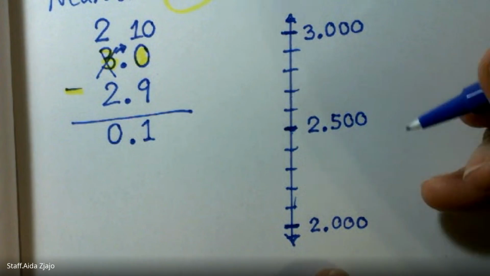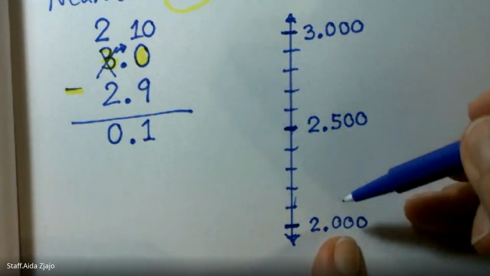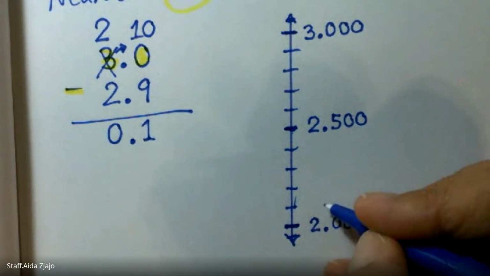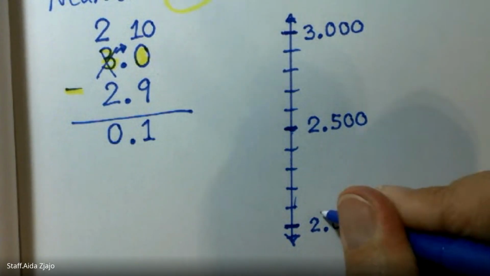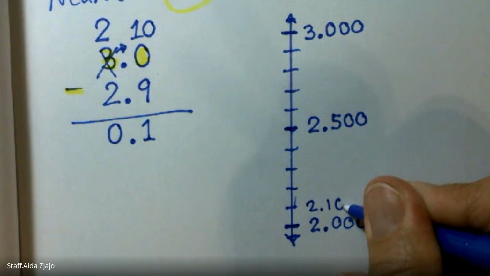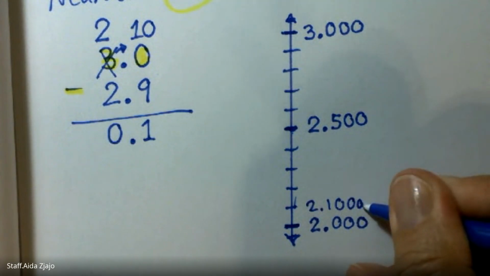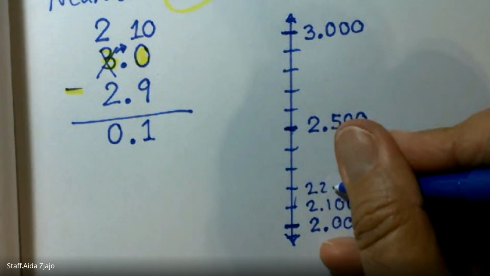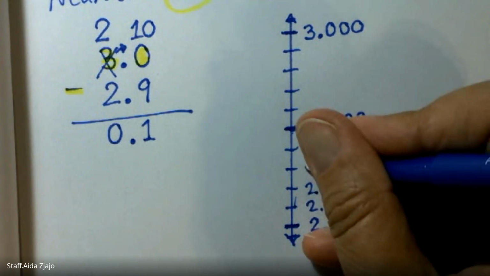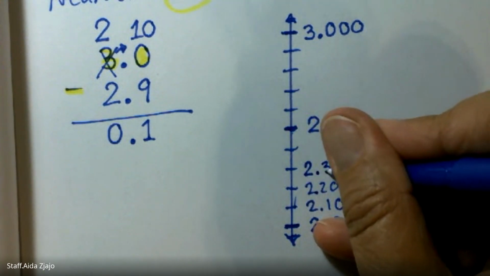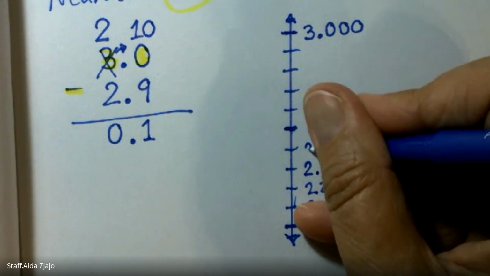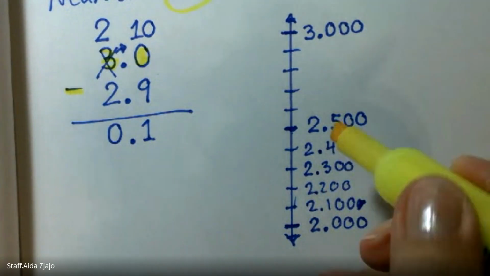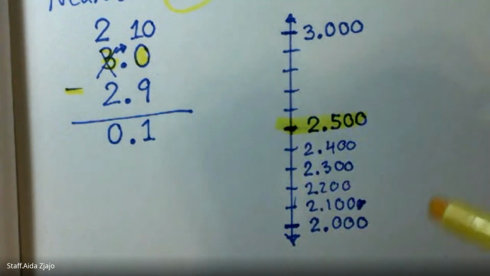We can see 2 and 100, 2 and 200, 2 and 300, 2 and 400, and then half is 2 and 500.